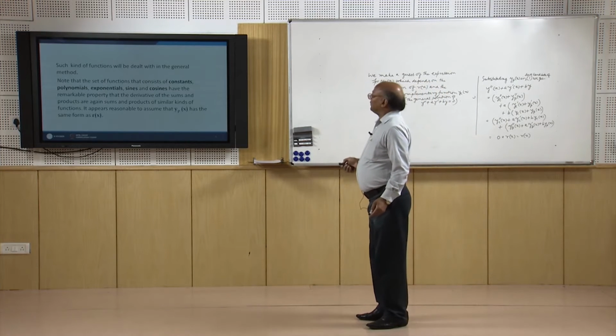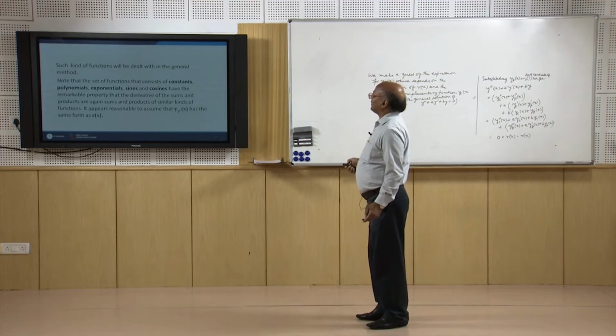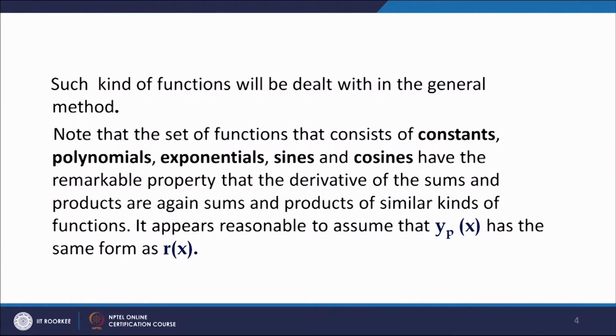Now let us see, if you take the constants, polynomials, exponentials, sines or cosines, the remarkable property of those functions is that the derivatives of the sums and products of such functions are again sums and products of similar kind of functions. So, in order to assume the form of y_p(x), it is reasonable to assume the same form as that of R(x).